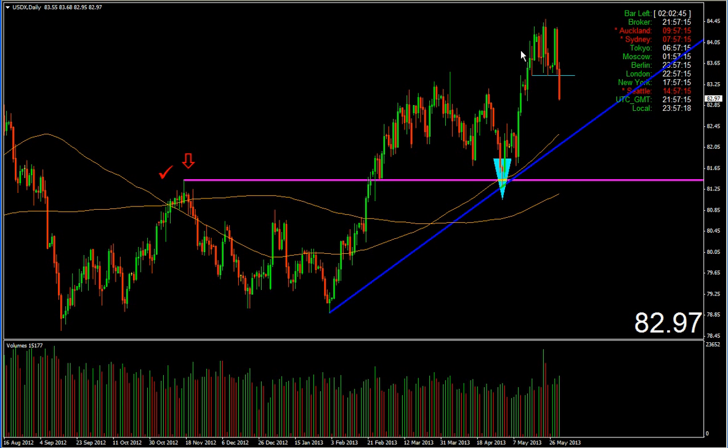However, once again, US dollar future into next week, I would wait and see. I wouldn't buy the US dollar. Sell, I don't have the courage, so I would still wait and see.